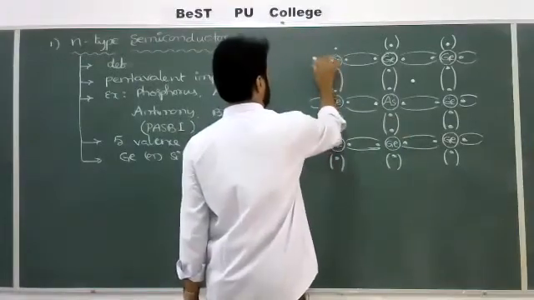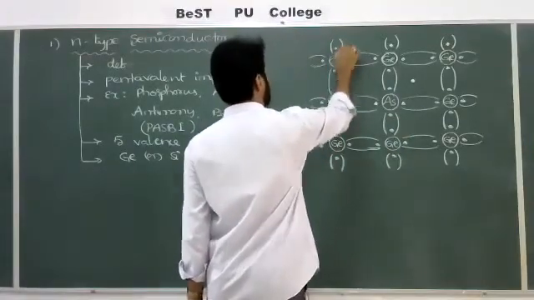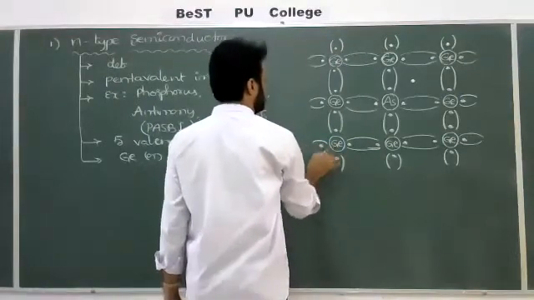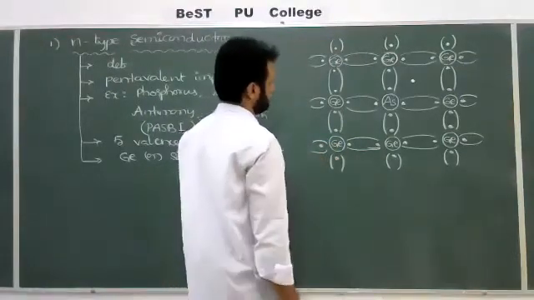It is a bond structure of the germanium after doping with the pentavalent atom like arsenic.